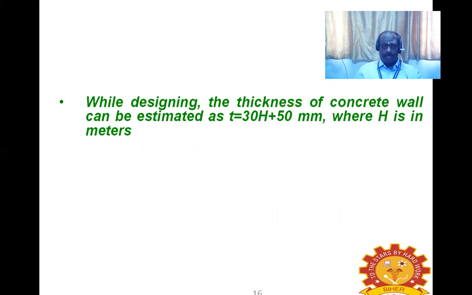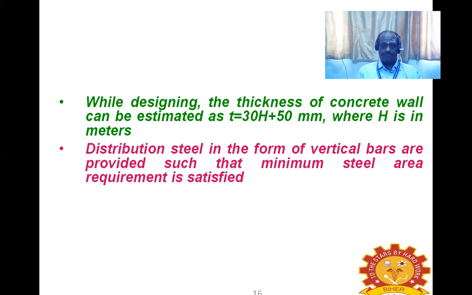While designing, the thickness of the concrete wall can be estimated by using this thumb rule: thickness is equal to 30 times the overall height plus 50 mm, where H should be in meters. Because it is an empirical formula, we have to use H always in meters.